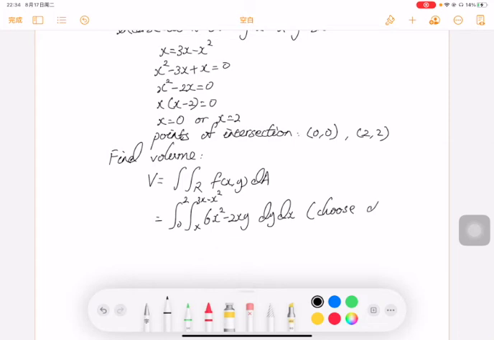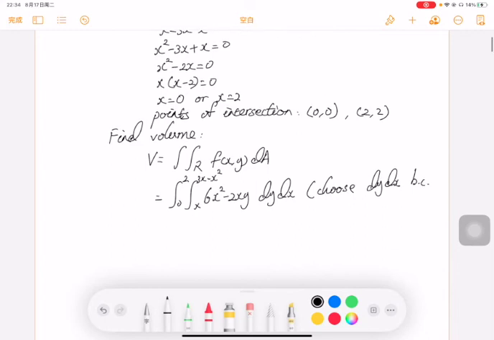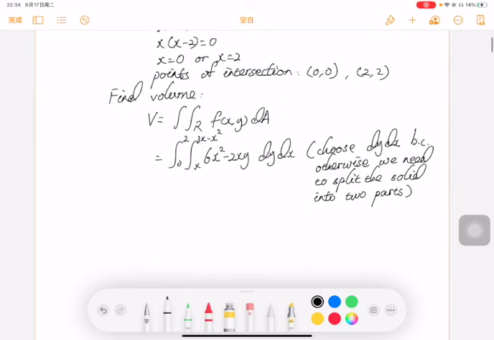All right, and we choose dy dx because otherwise we need to split the solid into two parts. Okay, now if we do dy dx, then one integral suffices. All right, let's compute this.